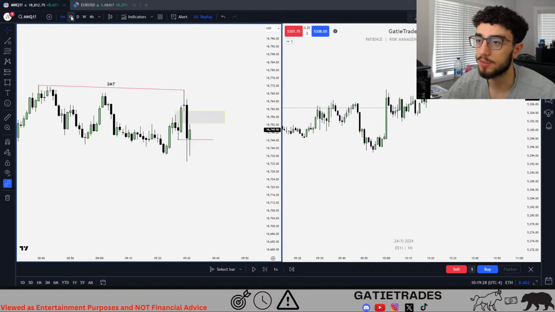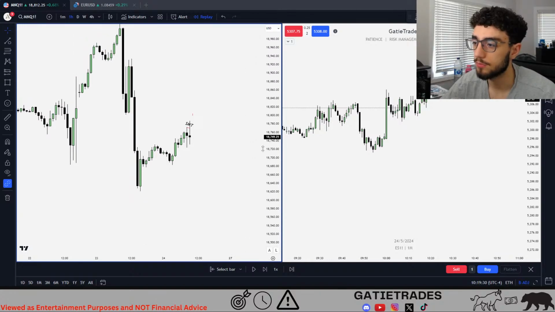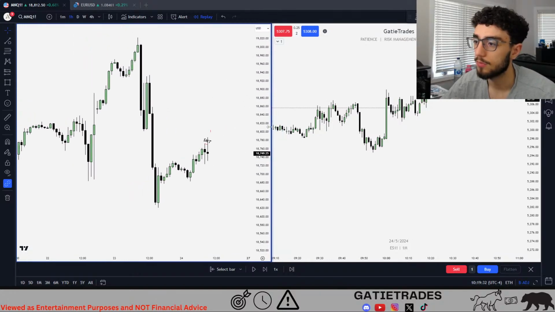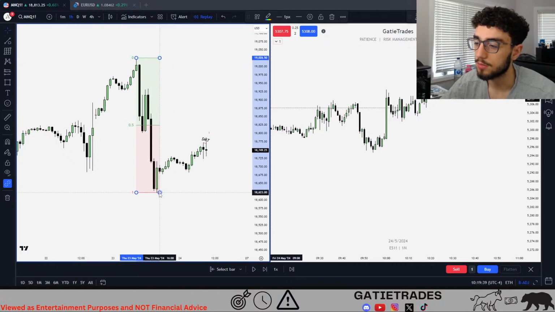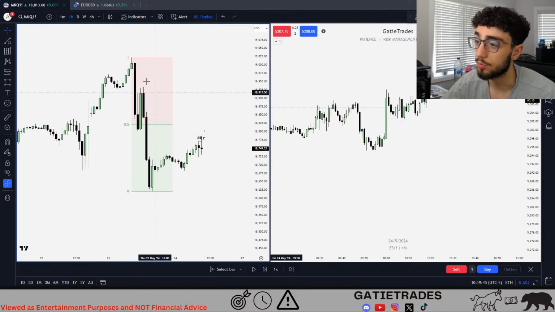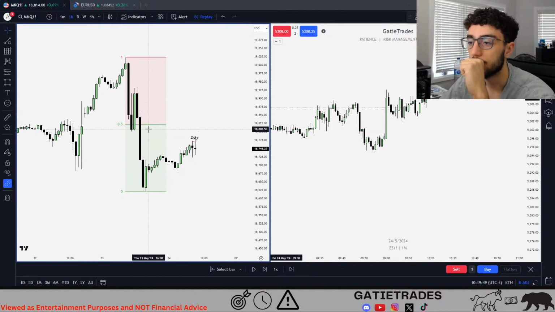Look at the 1-hour dealing range at this time. I mean, yeah, we're deep in a. The dealing range is all the way like this. That is a pretty good point, yeah.